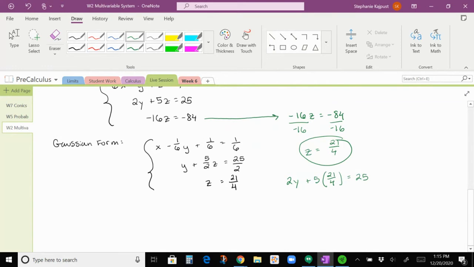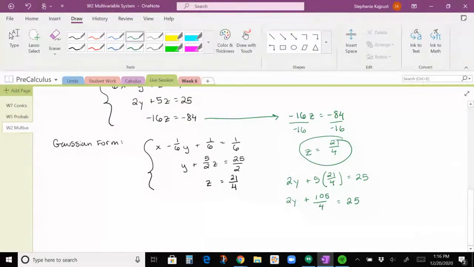When people really don't like to deal with fractions, you can multiply both sides by the denominator in order to eliminate that fraction. So first, I'm going to just do the 5 times 21 with my fraction here. That gives us 105 over 4 equals 25.